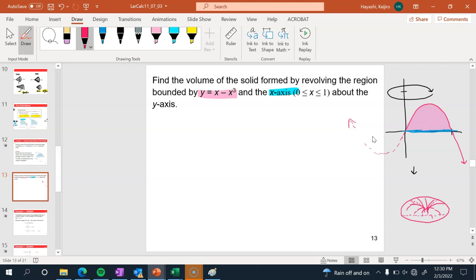Right, so we're rotating it about the y-axis, and it even says that x goes from 0 to 1, so you don't even really have to find these boundaries. But if you wanted, this is clearly the origin, but this would be 1 comma 0.